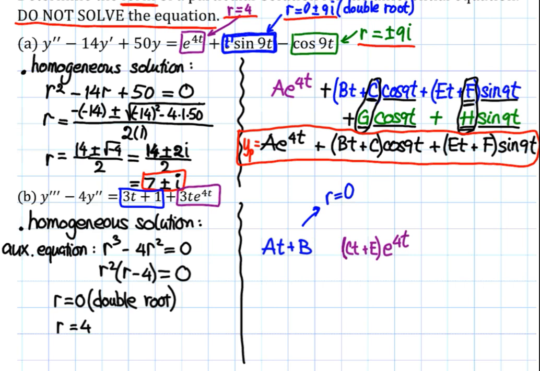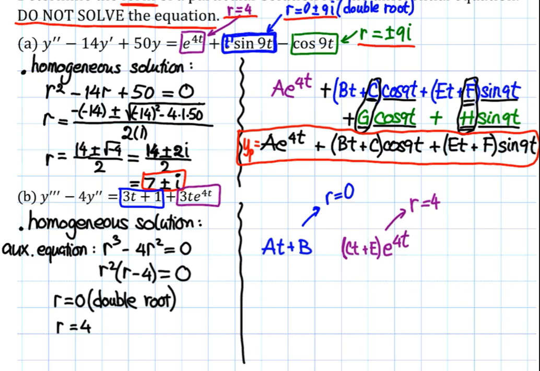And then for a polynomial times e to the 4t, the solution to this is going to be r equal to 4, and multiplicity of 2 because we have a polynomial of degree 1 in front of it. It's not really important, the multiplicity on this particular solution. We know that r is equal to 4. Right. Now we go back to the homogeneous solution.